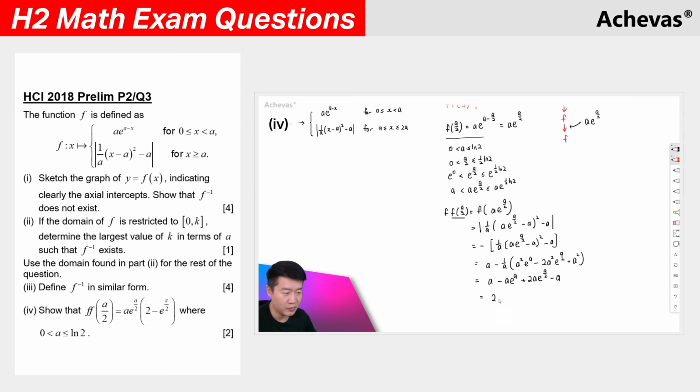I'm going to be left with 2a e to the power of a over 2 minus a e to the power of a. And according to what the question wants me to show, I am going to factorize out a e to the power of a over 2, which will leave me with a times 2 minus e to the power of a over 2. So this multiplied by this will give me a e to the power of a over 2 plus a over 2, which gives me this a. So I have this, and this is what the question wants me to show.